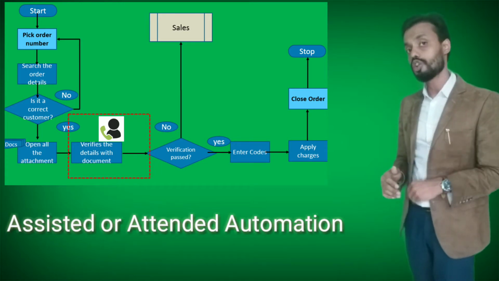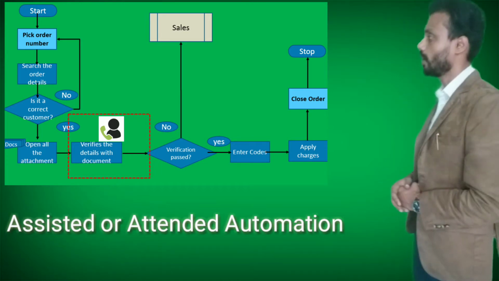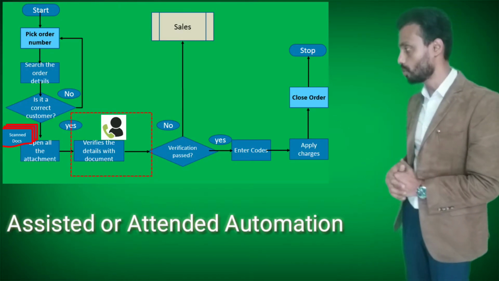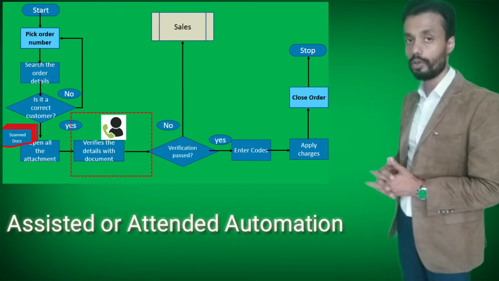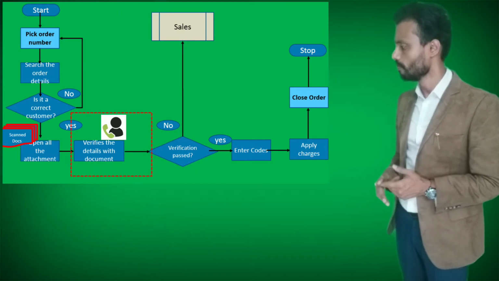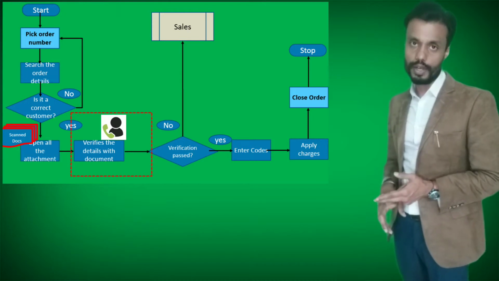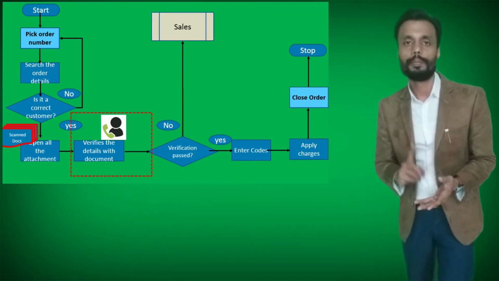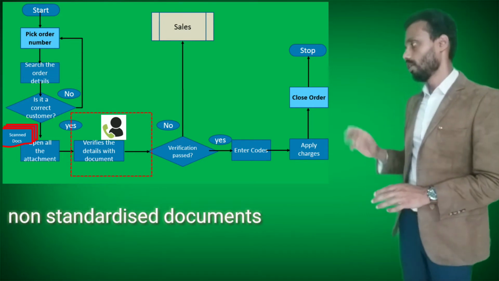Now, there could also be a third scenario. If you look at the documents which your representative is opening as attachments, these documents could be your Word file, your Excel file, your PDF, your scanned image.